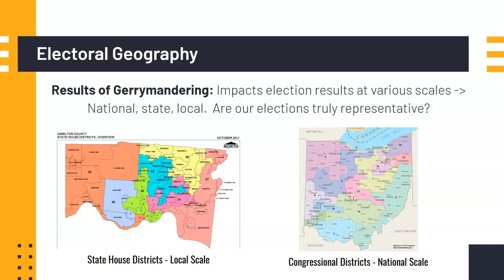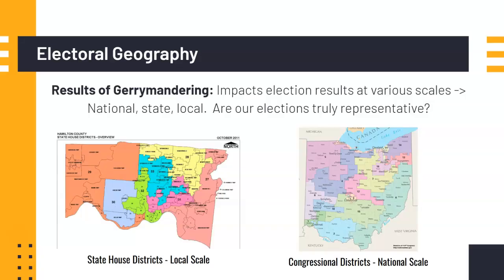At the local level, gerrymandering can impact the composition of city councils, school boards, and other local governing bodies. By redrawing district lines within a city or county, it becomes easier to favor one community or group over others, altering the outcomes of local elections and undermining the true representation of local populations.